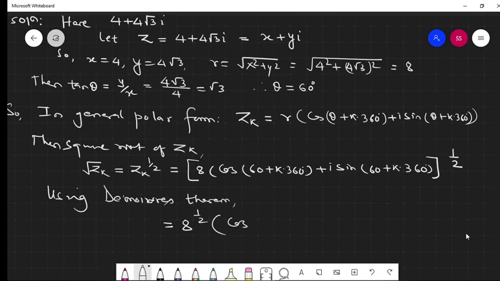We obtain this equal to 8 to the power 1 by 2, which is 2 root 2, times cos of (60 plus k times 360) by 2 plus i sin of (60 plus k times 360) by 2.